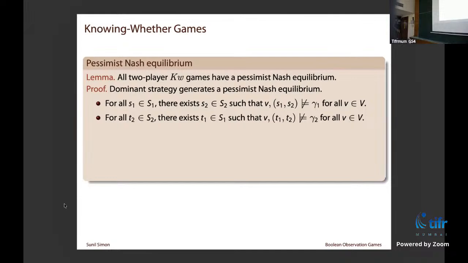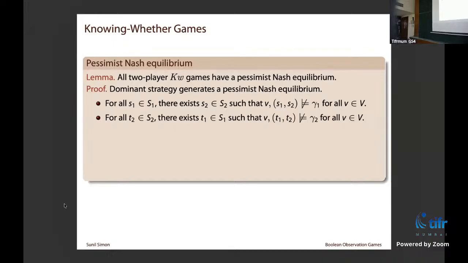Right. So the statement is that if you're looking at only two-player games, the knowing whether fragment of two-player games, then a pessimist Nash equilibrium always exists. So essentially, the example that we saw, that you can force a min to be 0, can be done for any game. It's not just for that particular example. That's essentially the argument. And the reason why that works is because in a two-player game, whether you reveal something or not, you can think of it as a valuation.